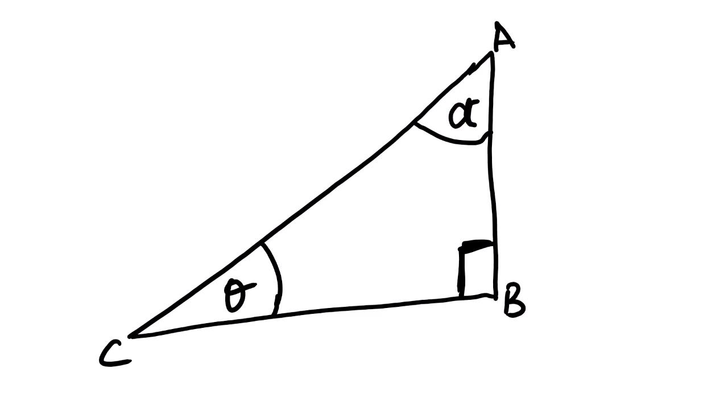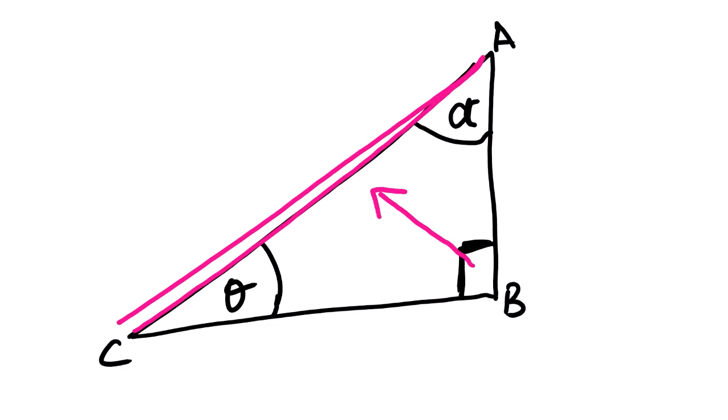Now looking at the right angle triangle, we can see that the side opposite the right angle is always the longest side. The longest side, we always call it hypotenuse.